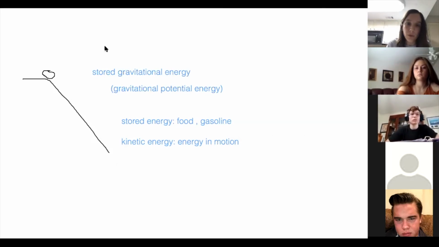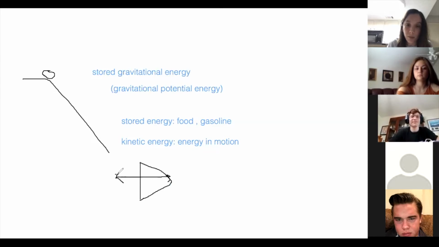Other examples would be, say, a bow and an arrow. So when you pull the bow back, see if I can draw an arrow. So that's supposed to be a bow and arrow. As you pull the string back on the bow, you are storing energy within the bow, and then it slingshots outward.